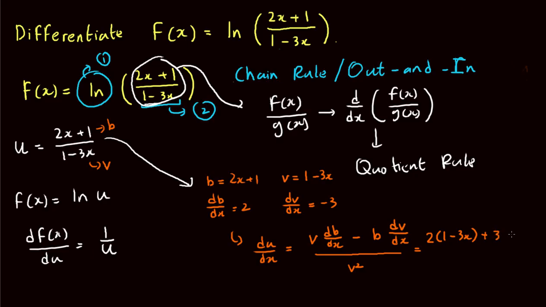So plus 3 times (2x + 1), over v squared. In this case v squared would be (1 - 3x) squared.